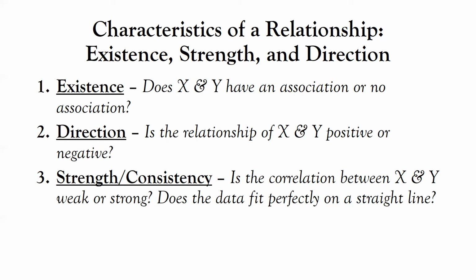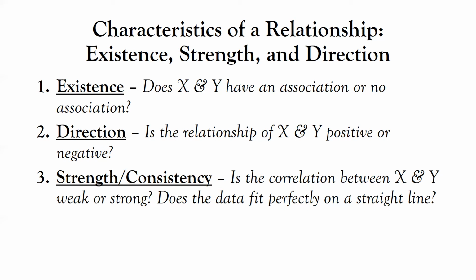And it's very simple to know if there's an existence of a relationship. You simply compute a correlation coefficient, such as Pearson's r, and when you get a value that is lower than or greater than zero, any value that is not zero, you can say that a relationship exists. But if it is zero, there is no relationship there.